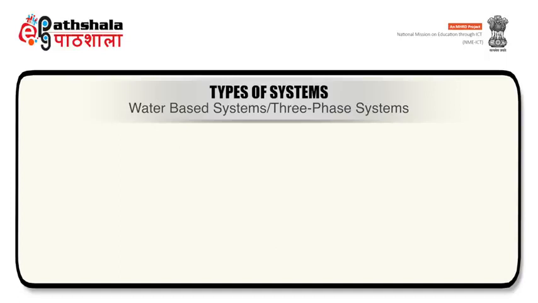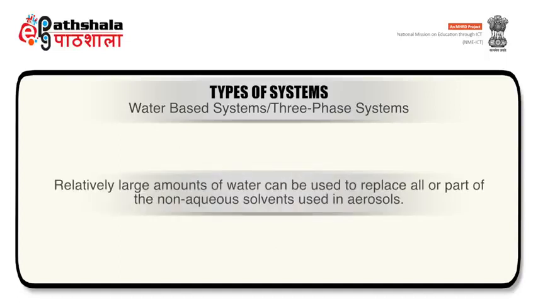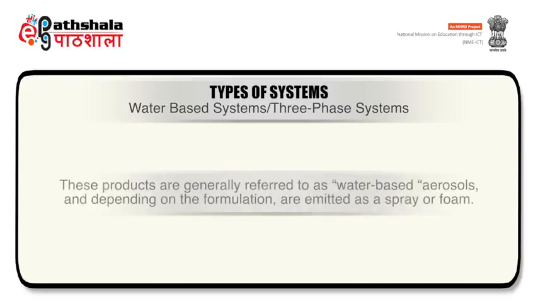Talking about three-phase systems, relatively large amounts of water can be used to replace all or part of the non-aqueous solvents used in aerosols. These products are generally referred to as water-based aerosols and, depending on the formulation, are emitted as either a spray or a foam.